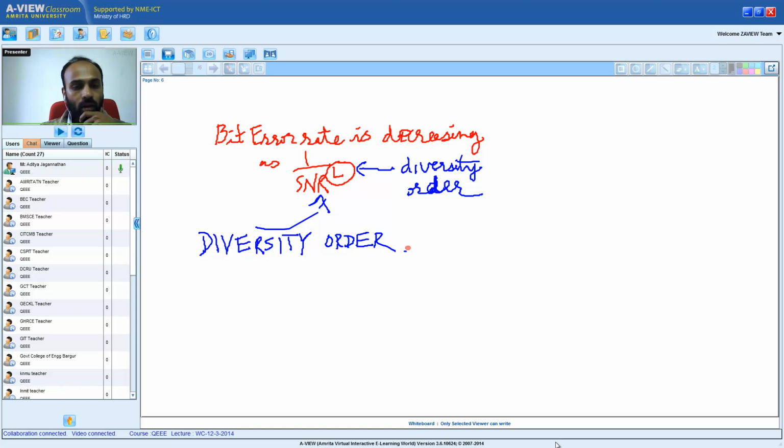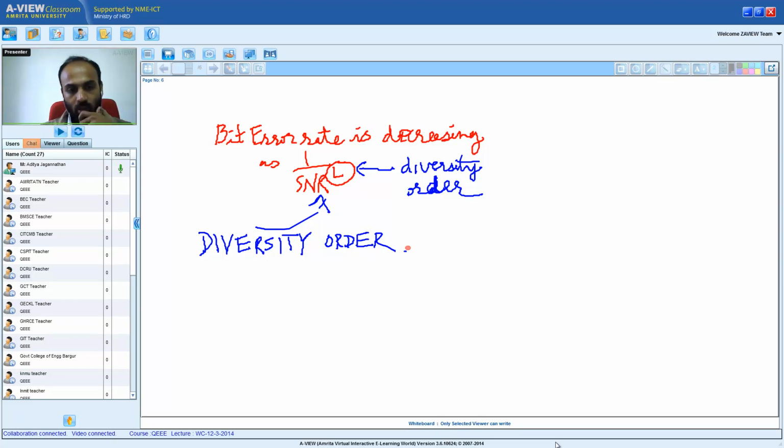Alright, so let us try to understand the impact of this quantity. How come the bit error rate is decreasing as 1 over SNR to the power of L in an L antenna system? The reason is slightly subtle and very interesting. Remember we did a deep fade analysis.